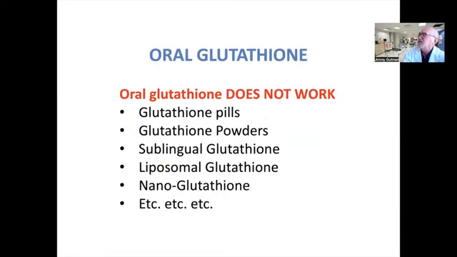Now, in case some of you are not aware, eating glutathione does not raise your body's glutathione level. Glutathione is easily broken down in the digestive tract, and it just does not make it to the cells. This happens mostly because of an enzyme called GGT, gamma-glutamyl transpeptidase.